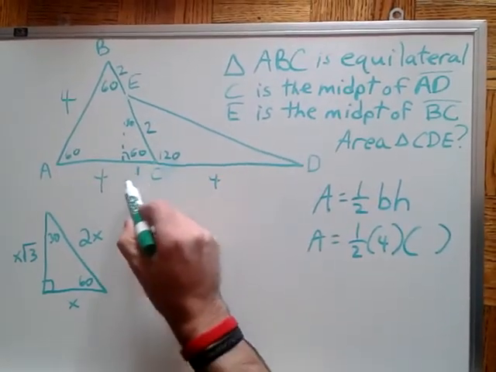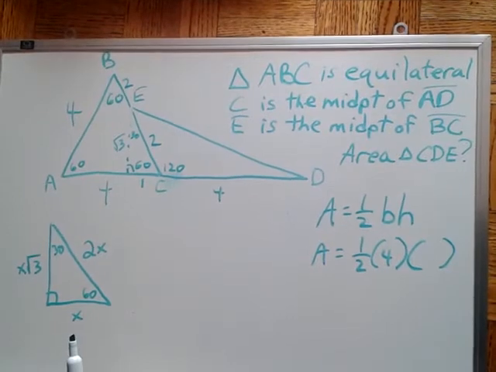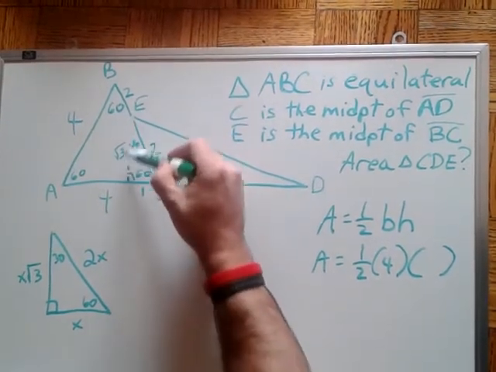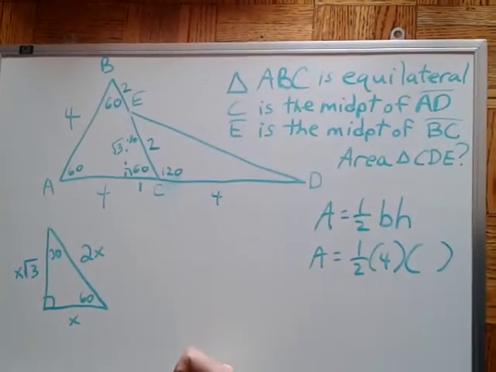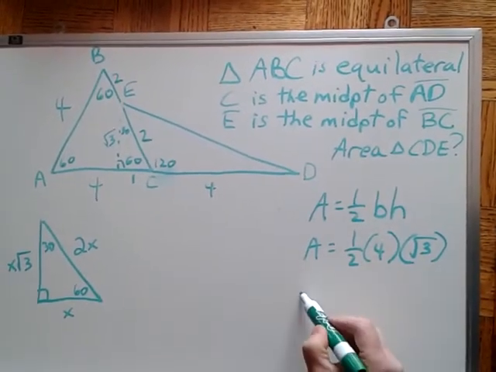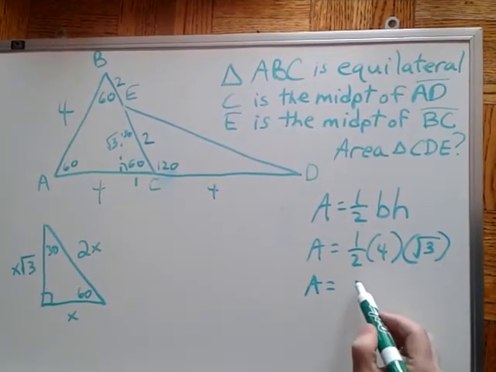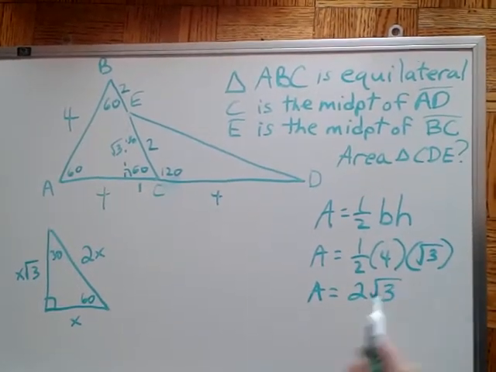Opposite the 60 now is just the small side times root 3, or just 1 times the square root of 3. This should now give us the height of the triangle. That's root 3. So if we clean that up, 1/2 times 4, that's going to be 2. 2 times the square root of 3 is 2 root 3.